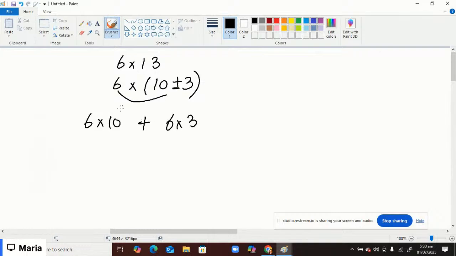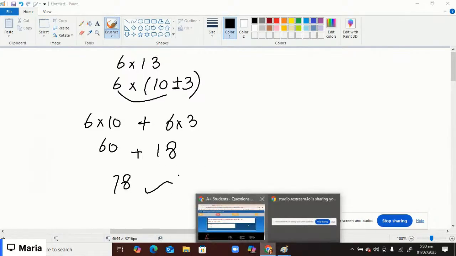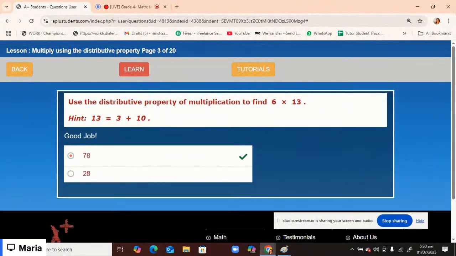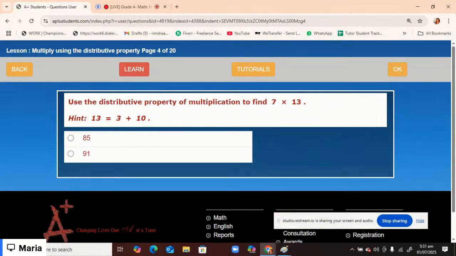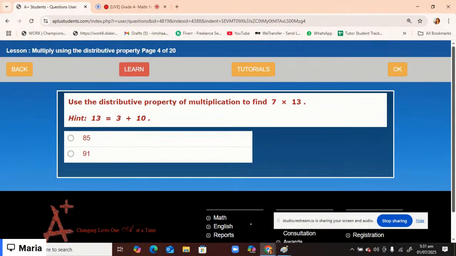That is a plus sign, which is 60, and 18, and then 78 is your answer. Okay, all right. Now you discuss the rest of the test questions by yourself.